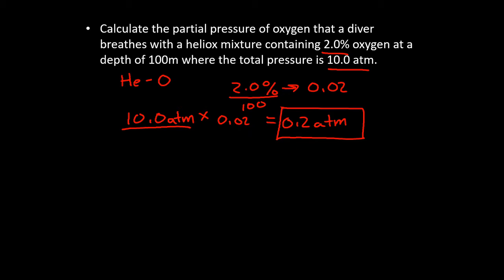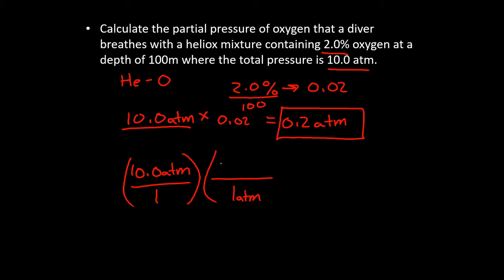The other way that we could have done this, by the way, if you prefer to think about things in terms of conversion factors, you could do this as well by looking at this and saying, okay, if we have 2% oxygen, that's the same as saying, for every 1 atmosphere of the entire mixture, we would have 0.02 atmospheres of O2.